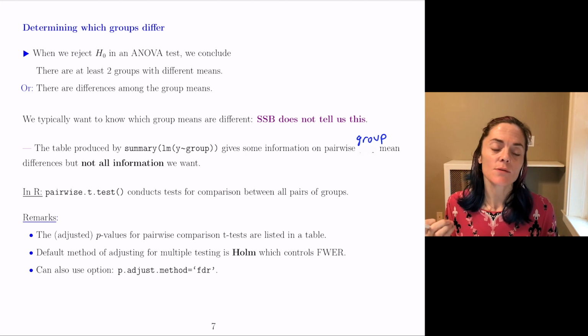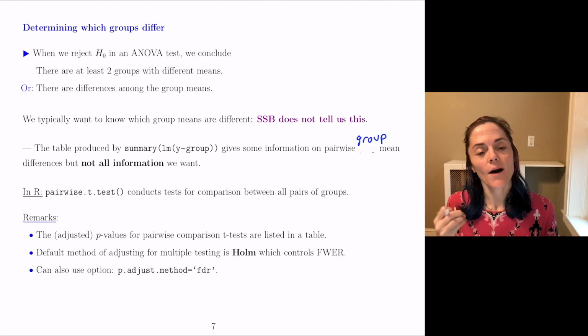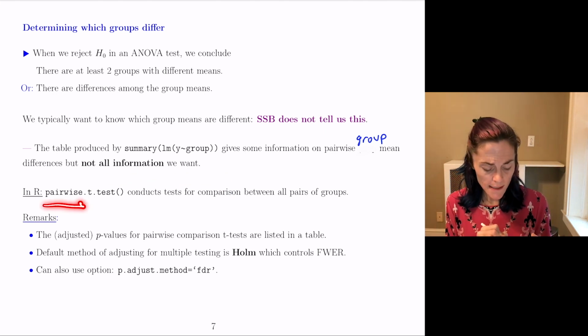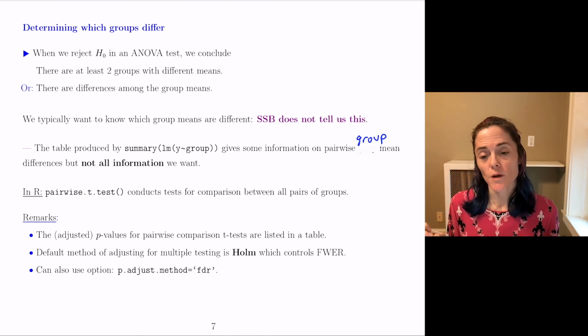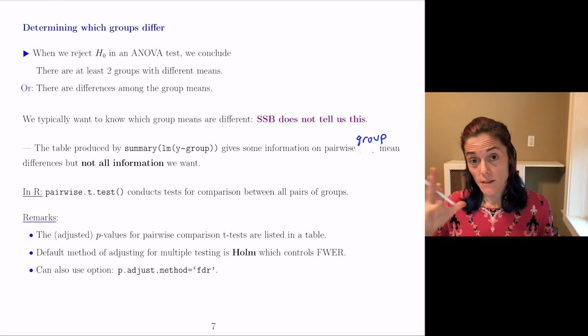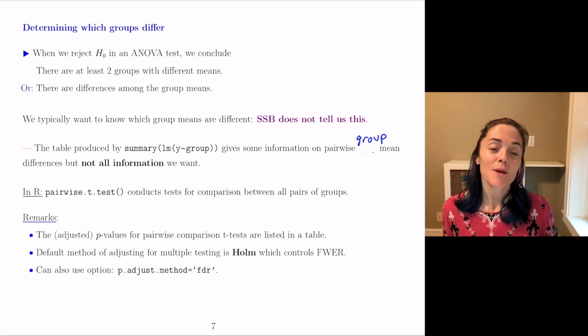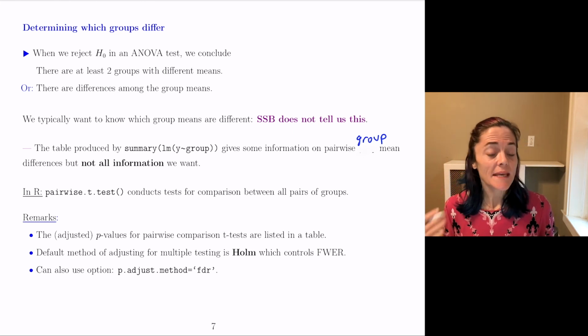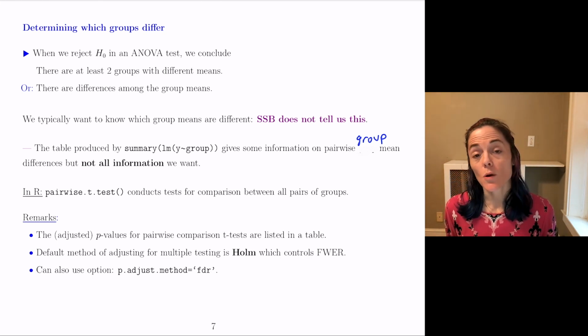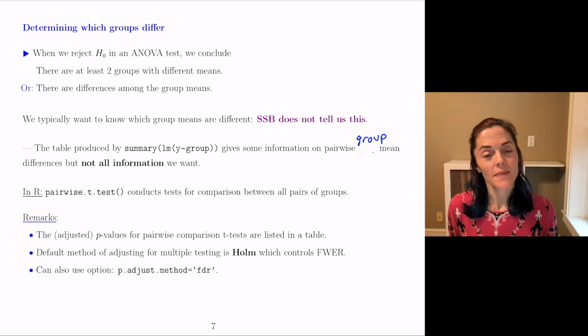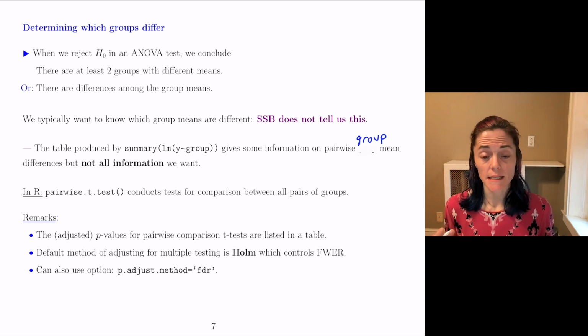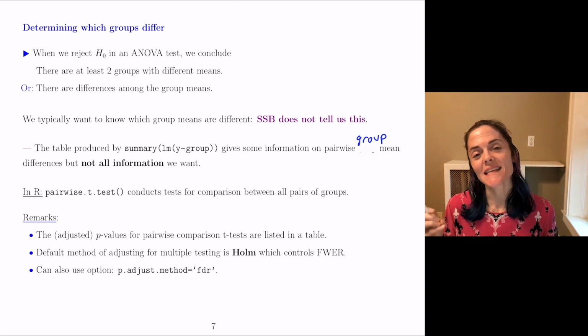Therefore, we can use another function in R. We can use pairwise.t.test. This will conduct tests for comparison between all pairs of groups. Some remarks on this. Well, the adjusted p-values in the pairwise comparison of t-tests are what's listed in the table. The default method of adjusting for multiple testing is Holm, which controls family-wise error rate.